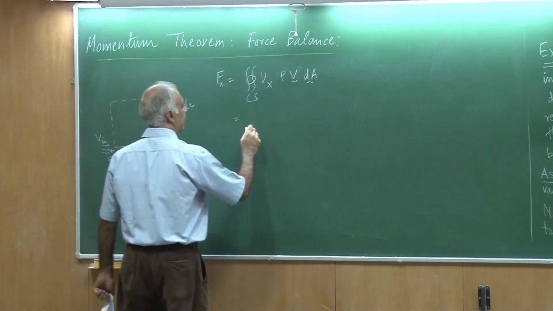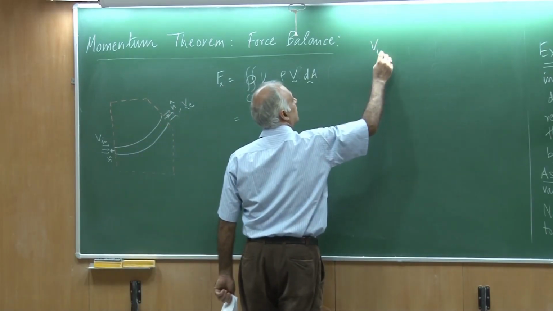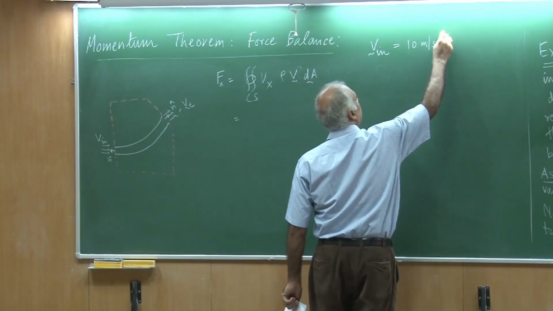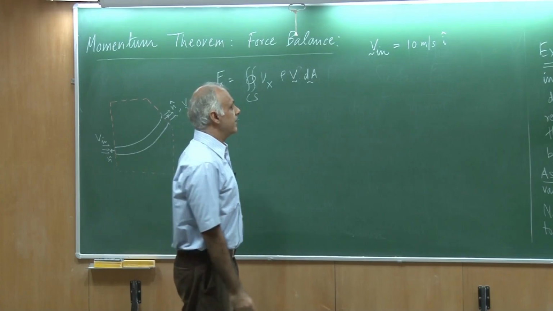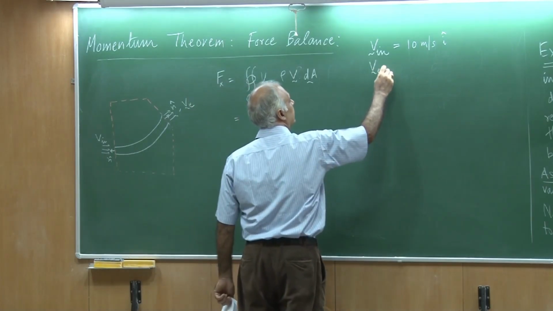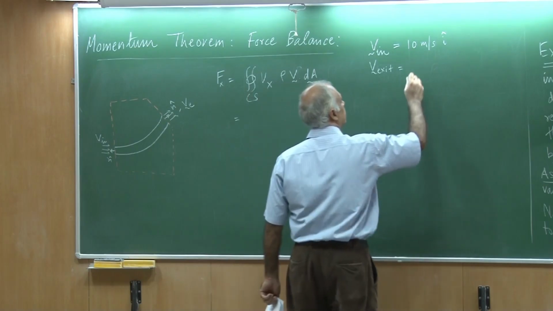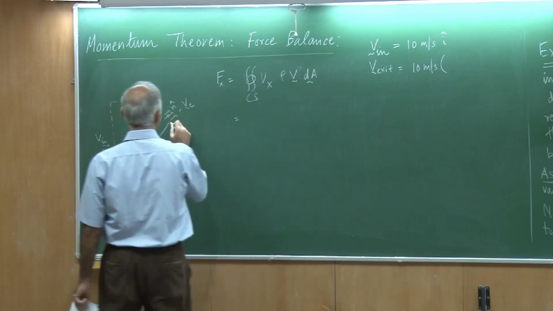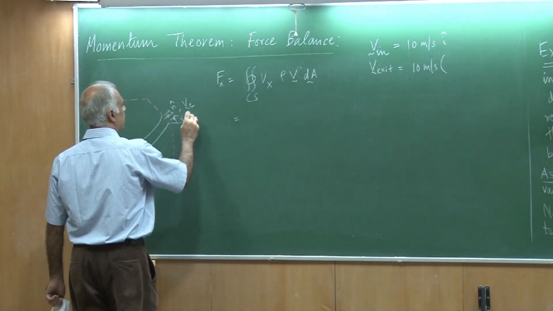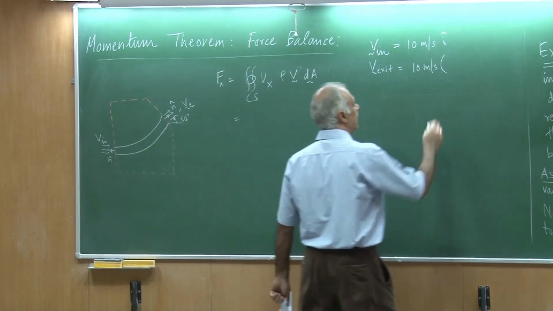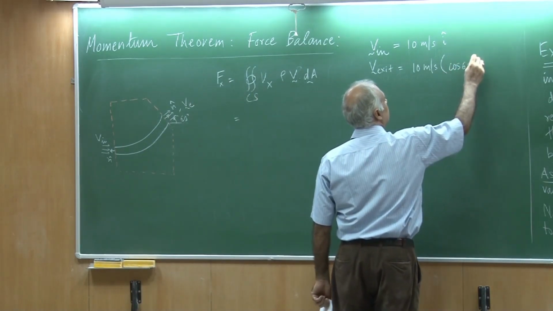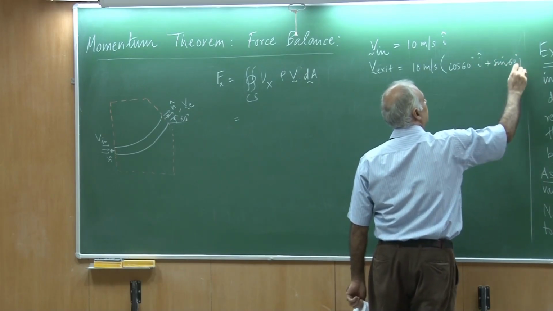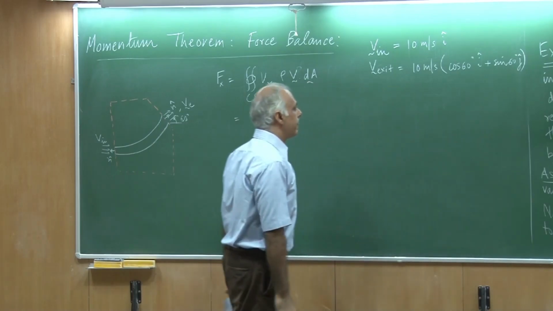So, maybe I should write here that the V in is actually 10 meter per second in the i direction, and the V at the exit port is again 10 meter per second, but then because I have this angle at 60 degree, this would become cosine 60 degree i plus sine 60 degree j.